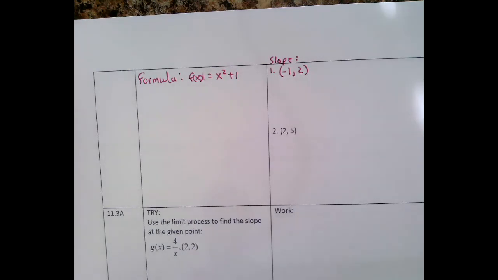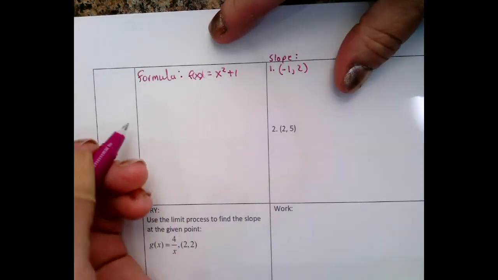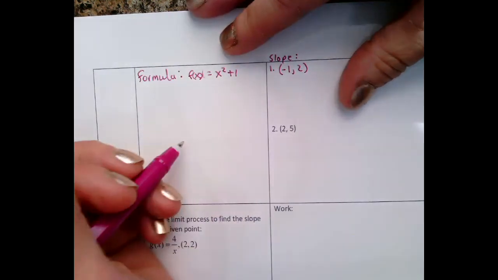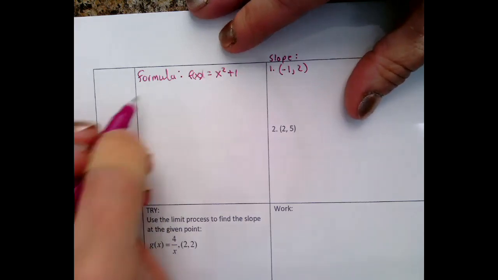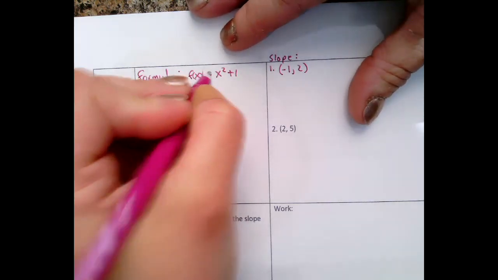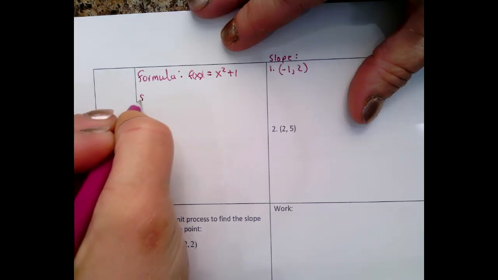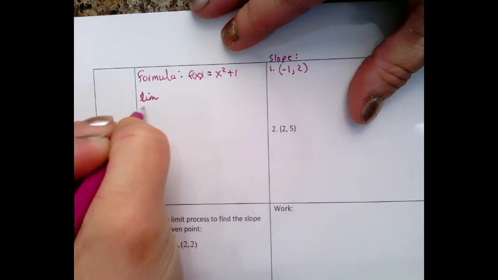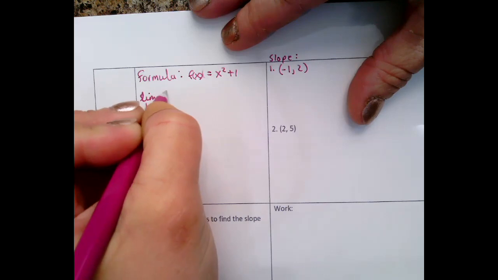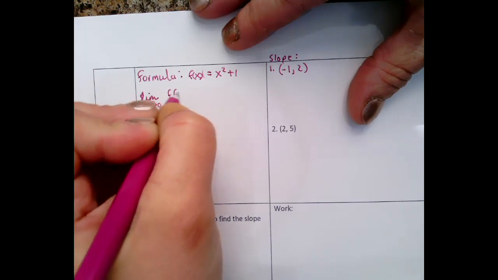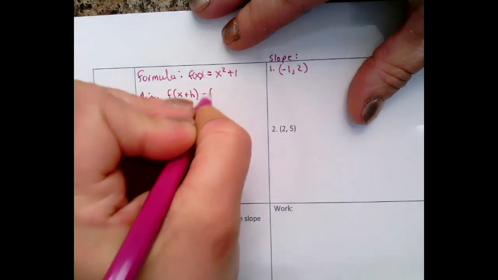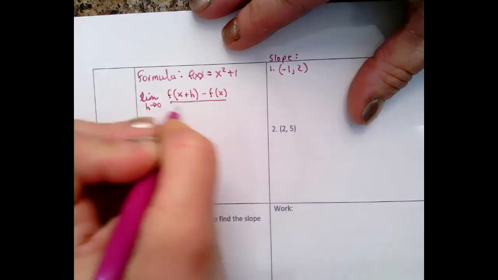So in order to find the formula, I have to use my original value. My original value is going to be the limit as h approaches 0 of f of x plus h minus f of x all over h.